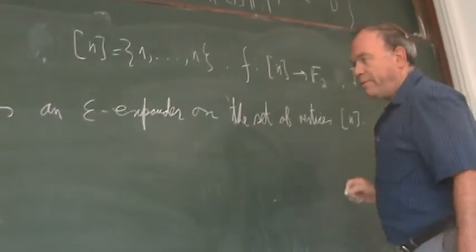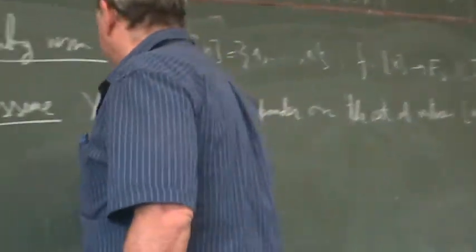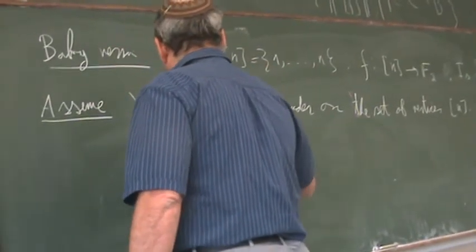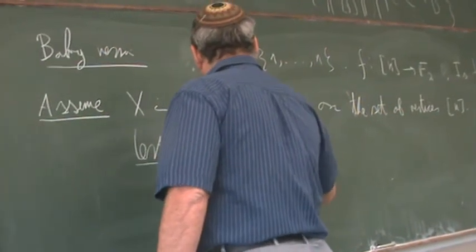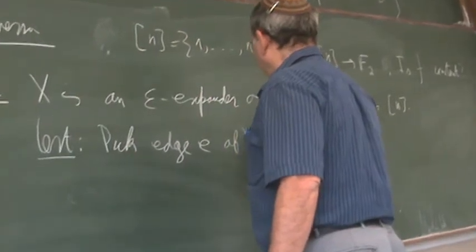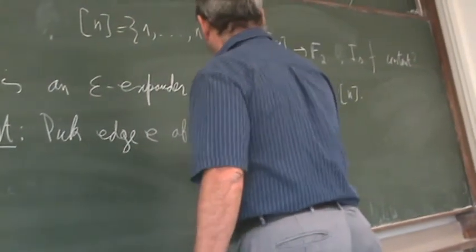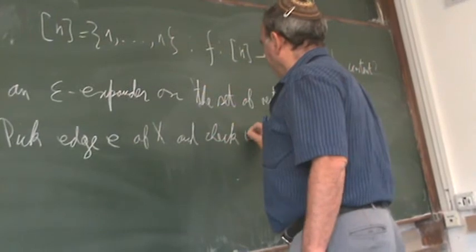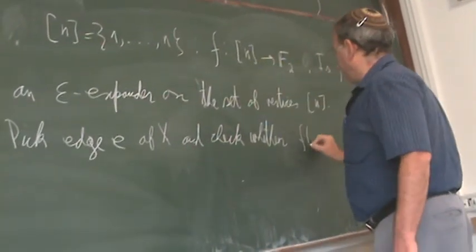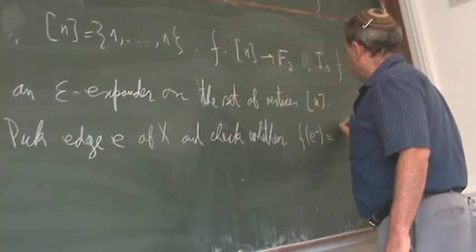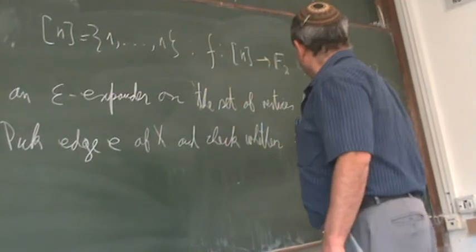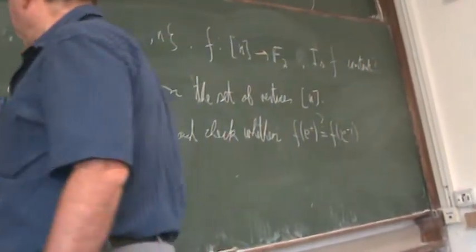Now the test will be the following. Pick an edge e of X and check whether f of e plus is equal to f of e minus, whether the two sides coincide.